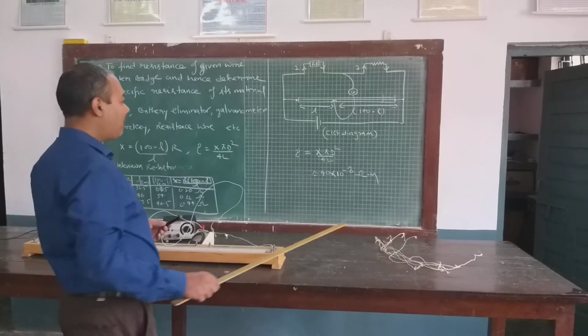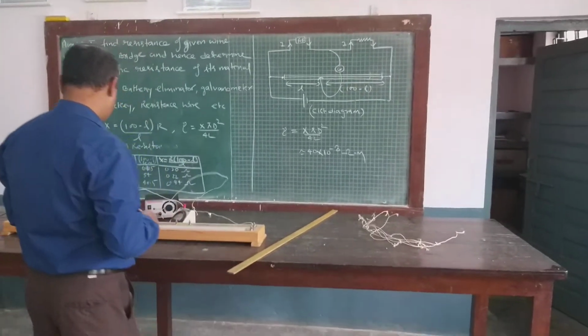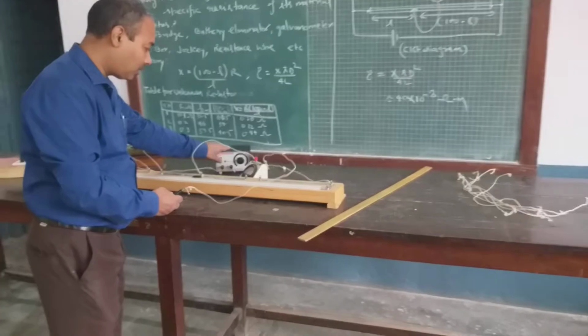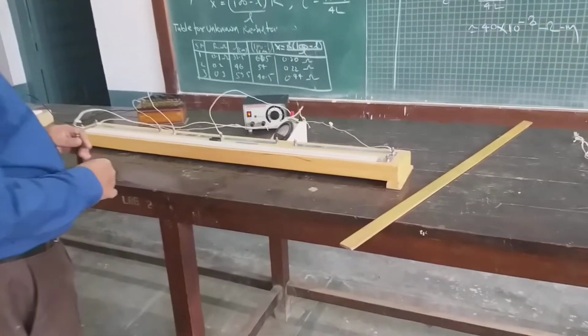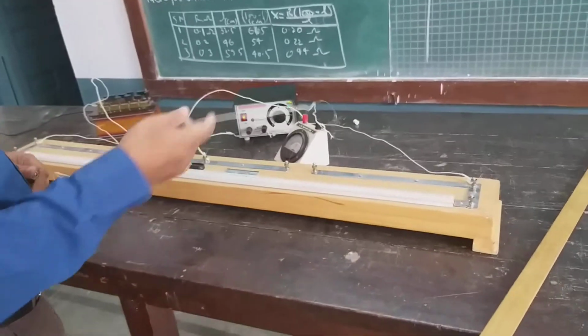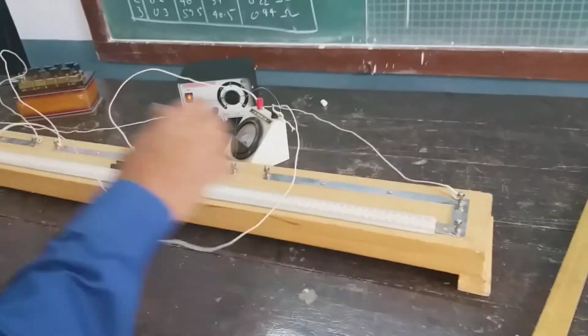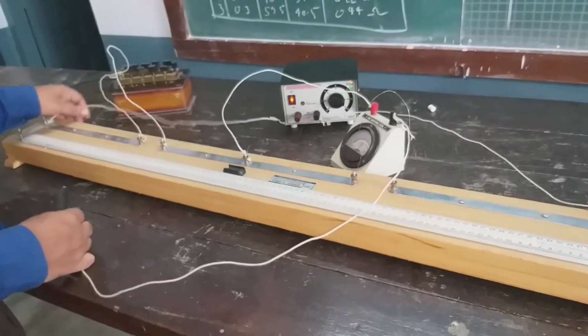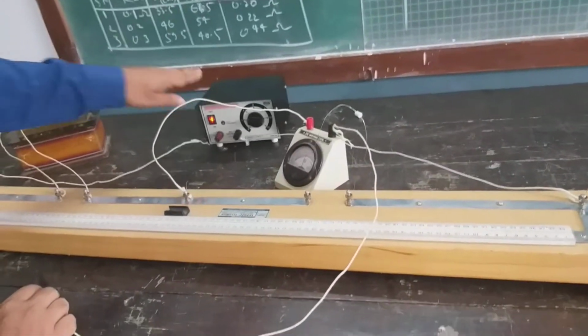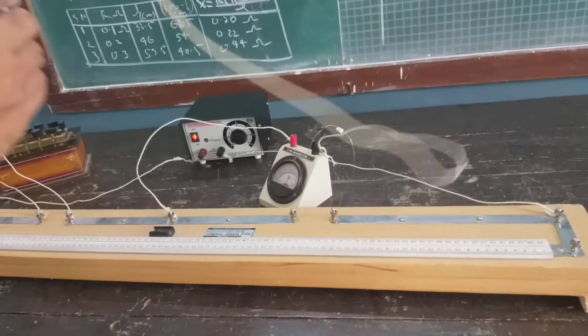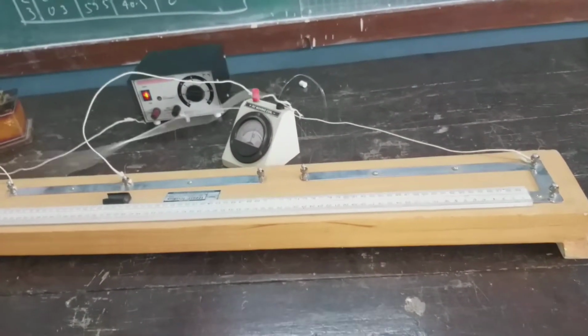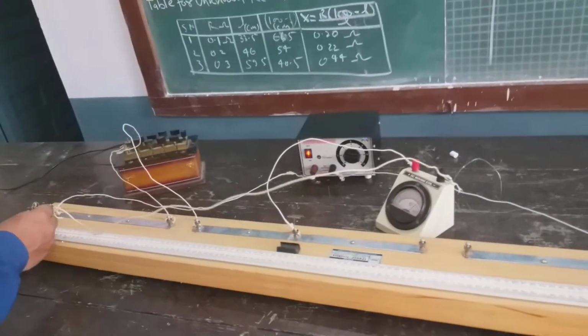Now just see how we have to record the reading. Firstly, we will switch on the battery eliminator, and firstly we will check the connection whether our connection is correct or not. To check the connection, we will put the jockey at the two ends.